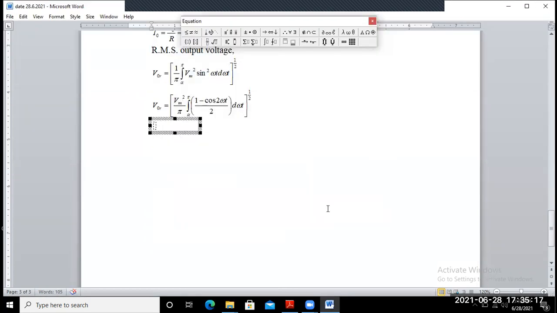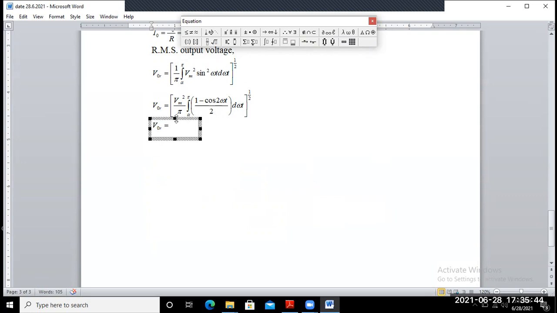Okay, so just write V output RMS value equal to, if you take outside this one, the square term is cancelled because it is whole square 2.